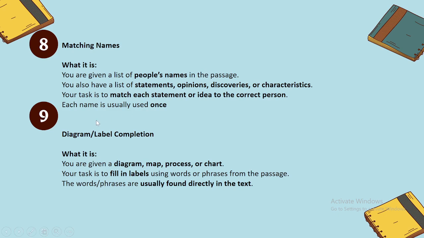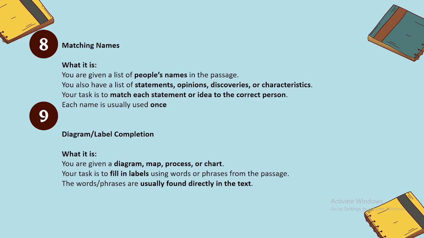Last but not the least is diagram or label completion. What is it, right? Here you are given a diagram, map, process, or chart. Your task is to fill in labels using words or phrases from the passage.